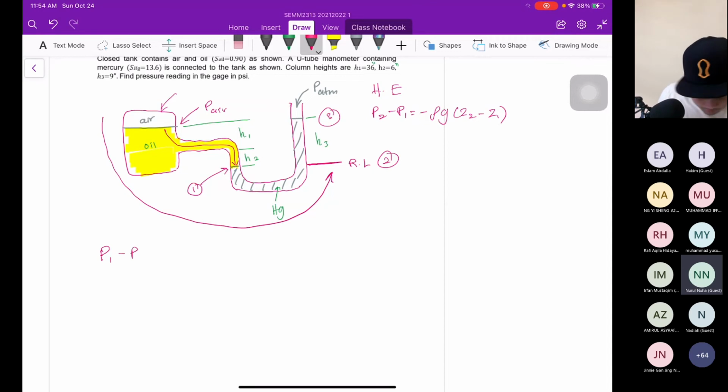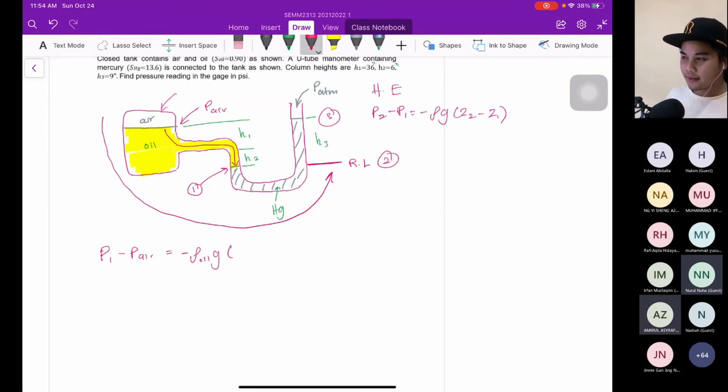P1 minus P of air equal to negative rho of oil, gravity, multiplied by Z1. What is the value of Z1? Anyone know?